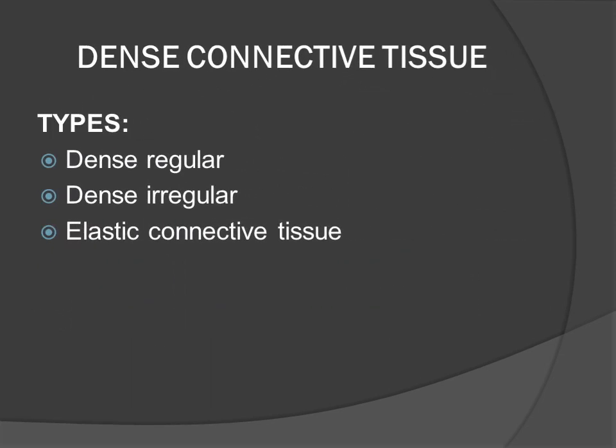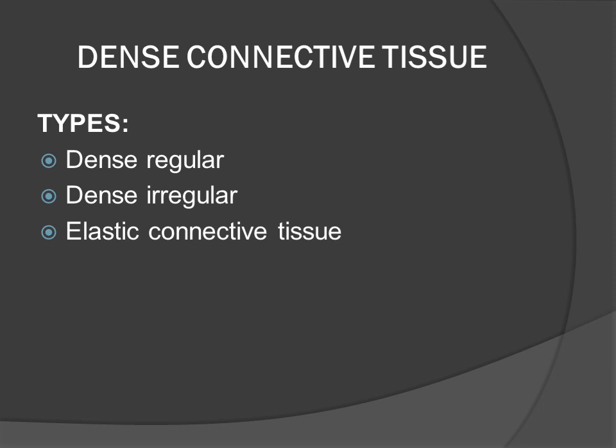Then the next connective tissue is dense connective tissue. Loose connective tissue we have discussed so far, and we are going to see the next connective tissue, that is dense connective tissue. What may be the difference between loose connective tissue and dense connective tissue?